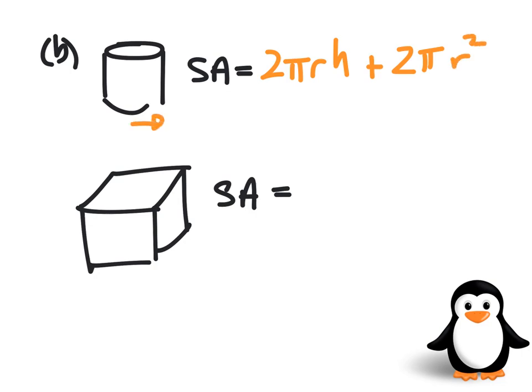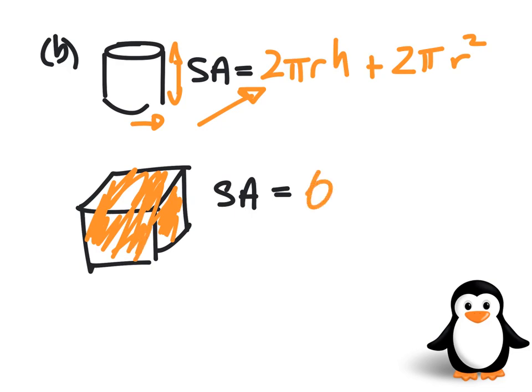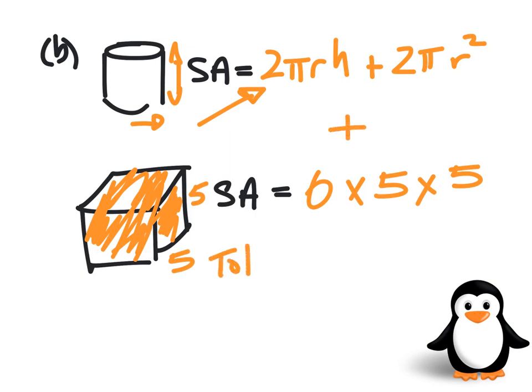We know the radius, we know the height, so again plug it in the formula. Now the surface area of a cube, it's got a top, a front, a side, a back, another side, and a bottom. So it's got 6 faces all the same, and each face is 5 by 5, so that's 6 lots of 5 by 5. If you add those 2 together, you'll get the total surface area.